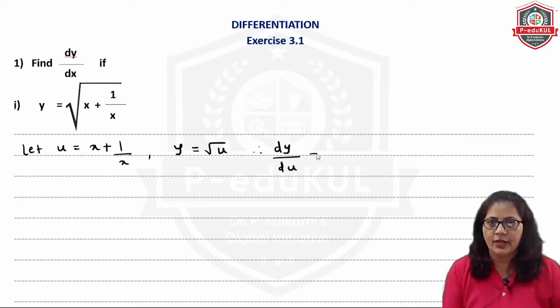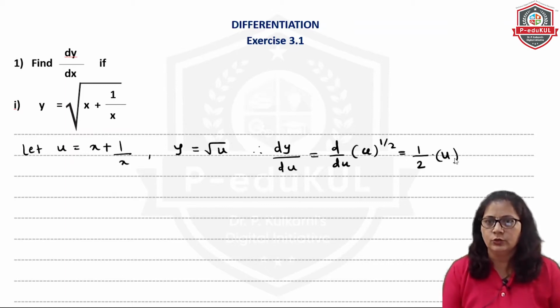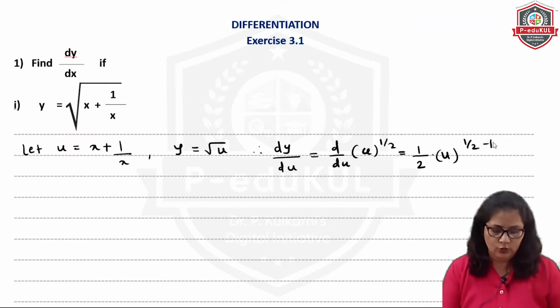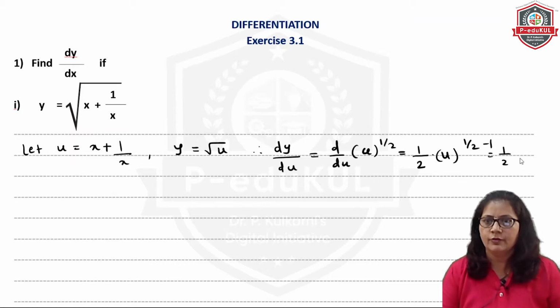So my dy by du will be d by du of u raised to half, and then I will use the rule, half u raised to half minus 1. So this will be half u raised to minus 1 by 2.